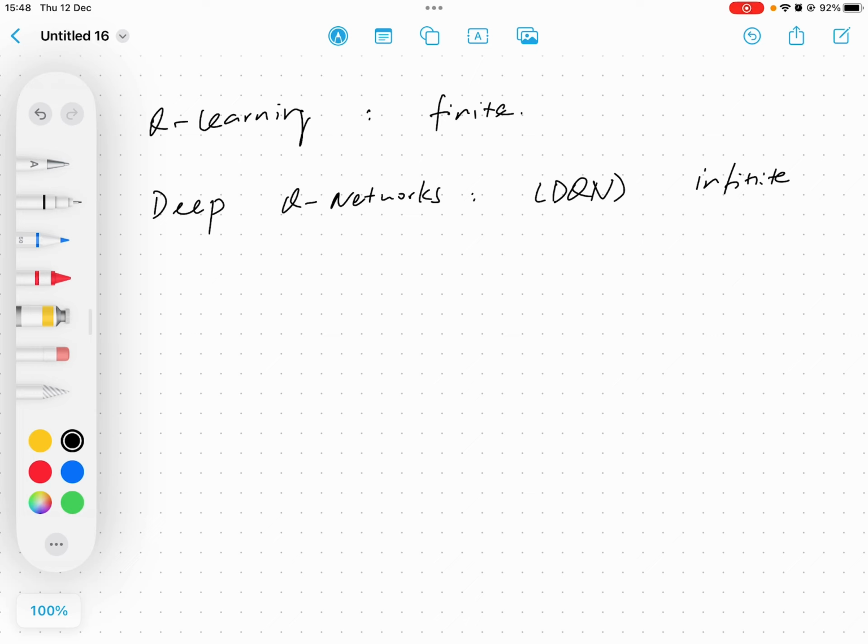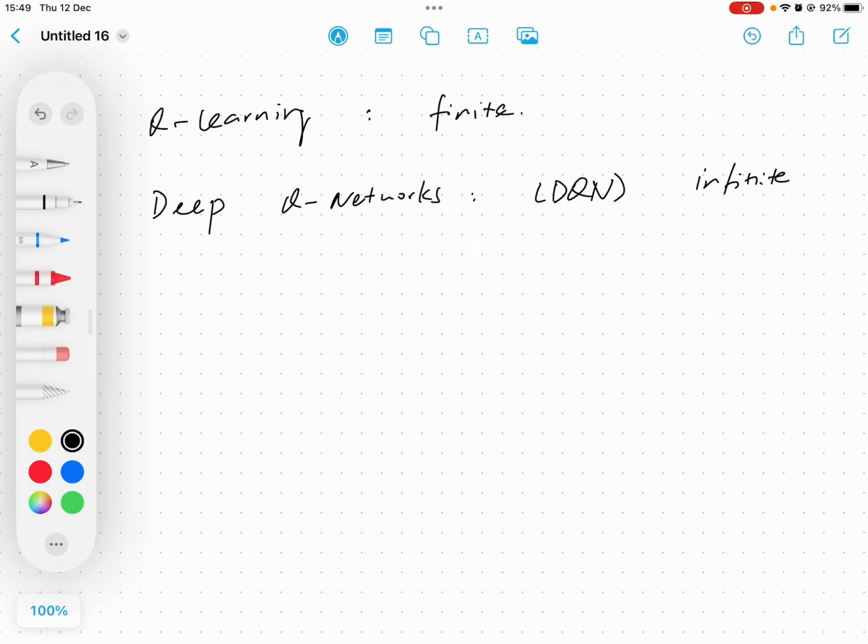Here, we still only have one single agent, and the state is fully observable, so we don't have partial observability for the state. Those are just the basic settings, and this algorithm was developed about 10 years ago.